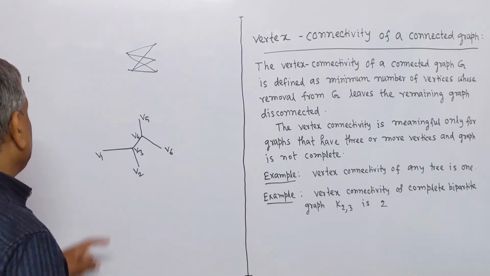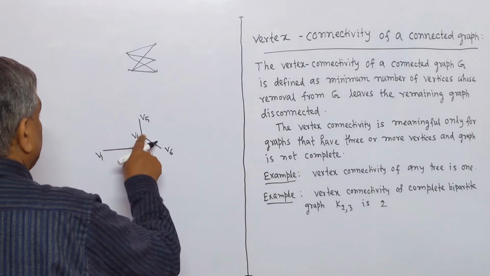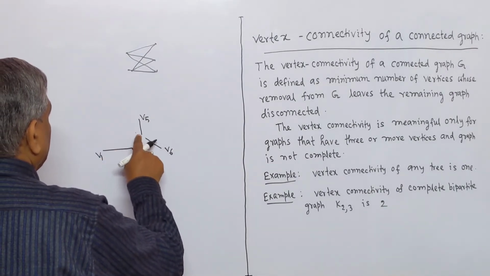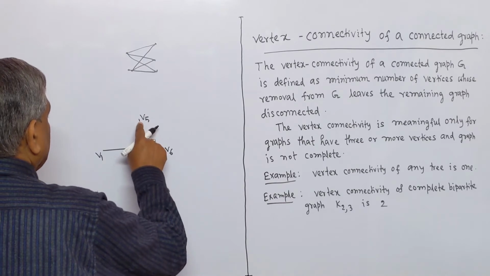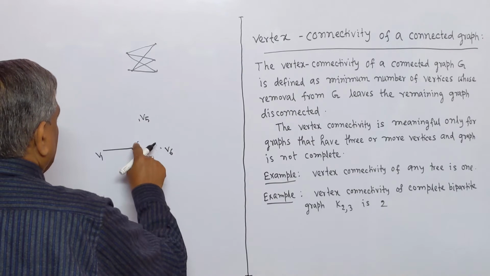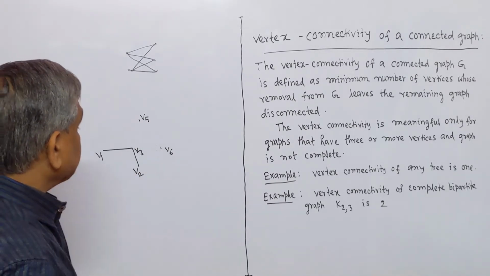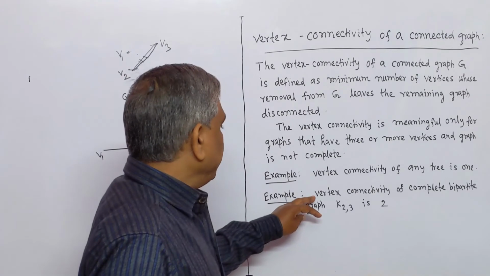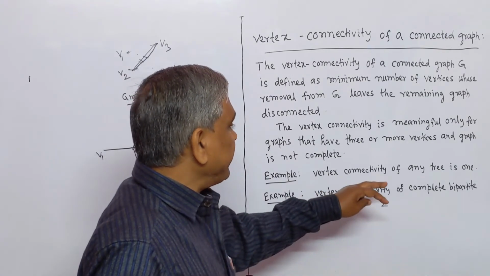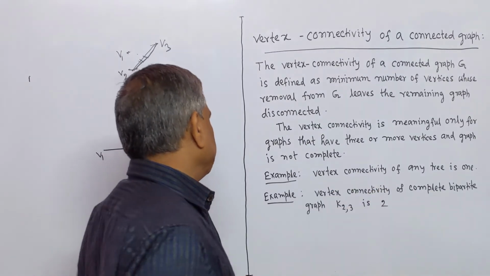If we remove any one vertex, let we remove V4 here, V4 with its edges, and we get disconnected graphs. Next example is vertex connectivity of complete bipartite graph K23 is 2.